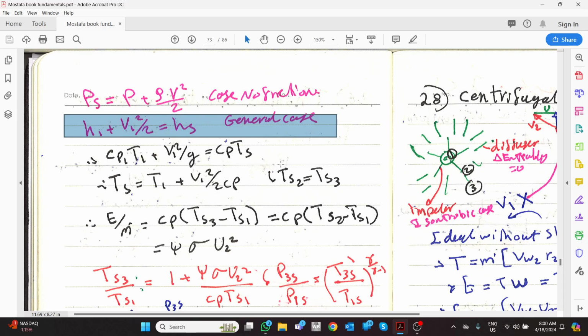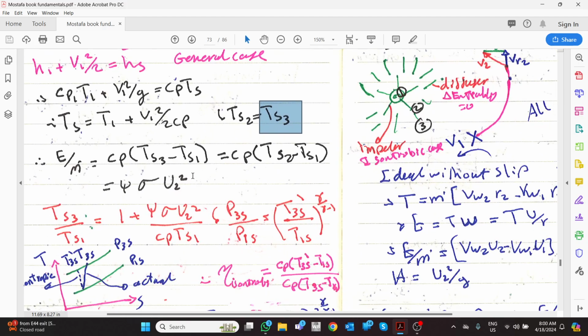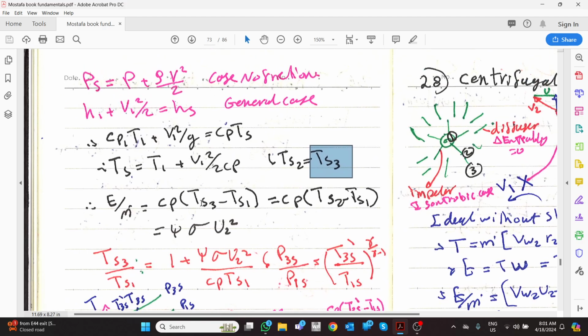And we know stagnation temperature 2 is equal to stagnation temperature 3, which is in other words that if we know the total power input here, it is m dot multiplied by Cp multiplied by T0₃ minus T0₁. The total power has been entered, and we put it as a stagnation. It is okay, because if you put it as T1 minus T2 and V1 minus V2, it is the same.